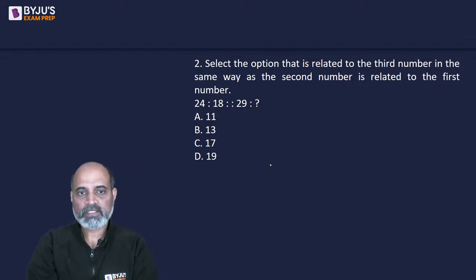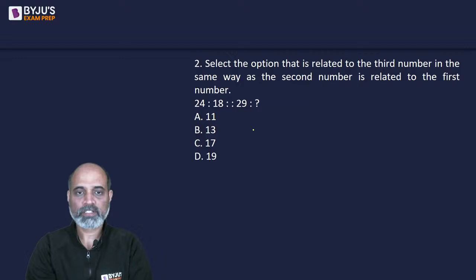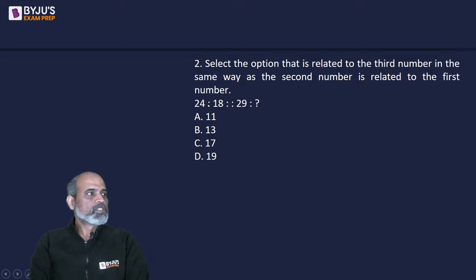Another way to look at this is 24, 5 more is 29, so 18 ka 5 more, which is going to be same as difference. So we have to find out some logic that 24 and 18 are related.